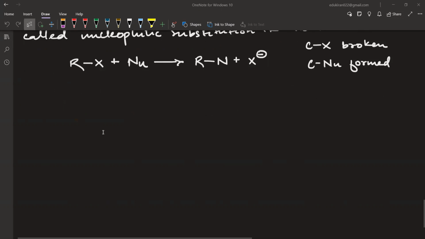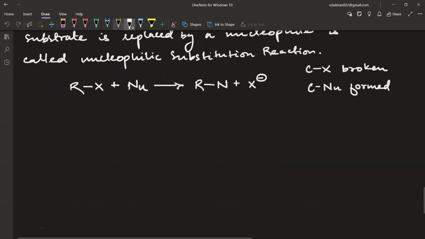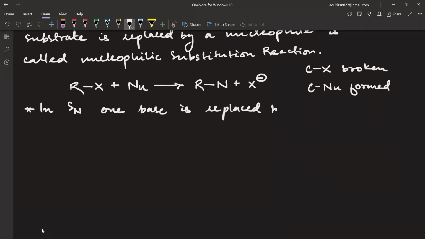So, nucleophilic substitution reaction. Now, in SN, what is happening? Please write the points with me. In SN, nucleophilic substitution, one base is replaced by another base. What is a base? An electron rich species. See, OH negative is a base. Bases are those substances which have high electron density or a negative charge.